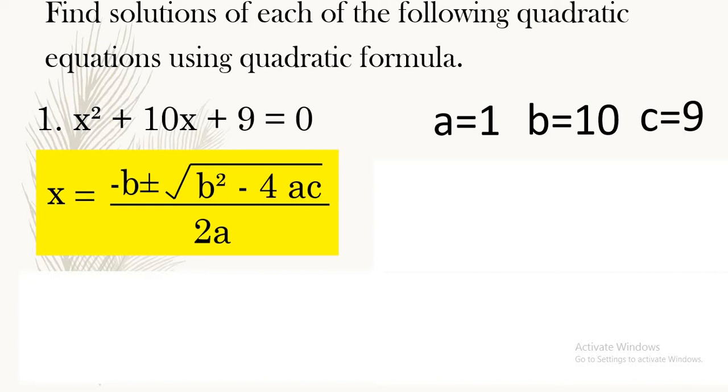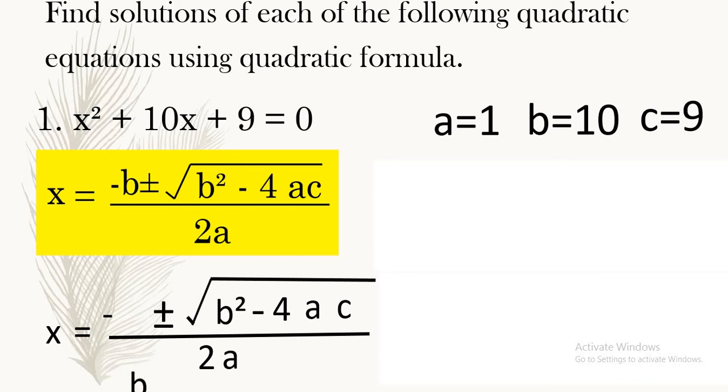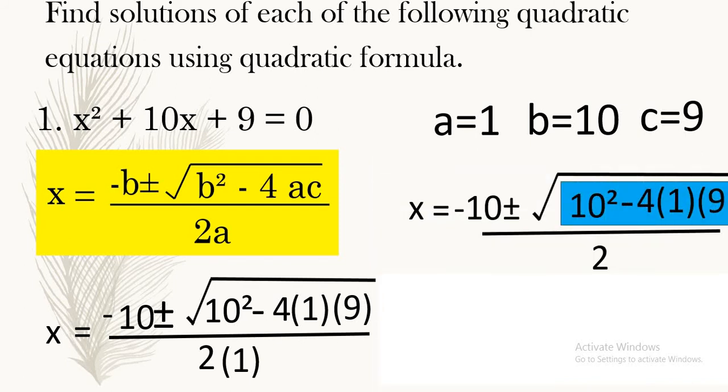Then substitute the values. Our b is 10, so b squared is 10 squared, our a is 1, our c is 9, and our a is 1. Then simplify this part.